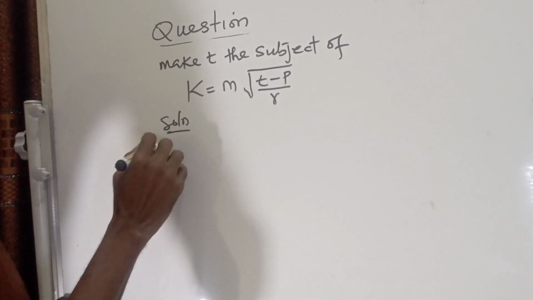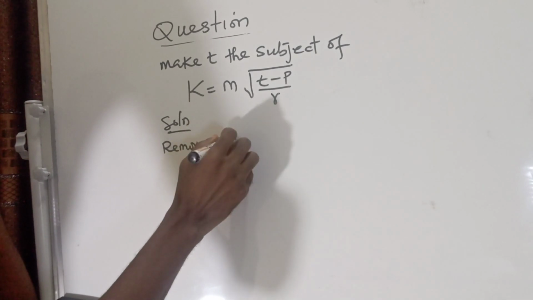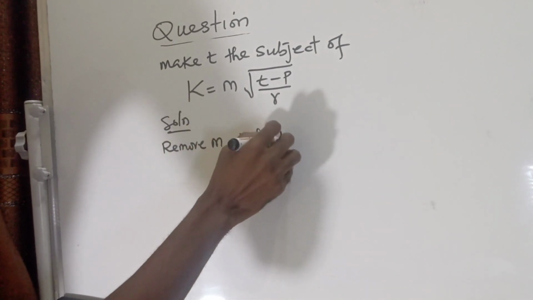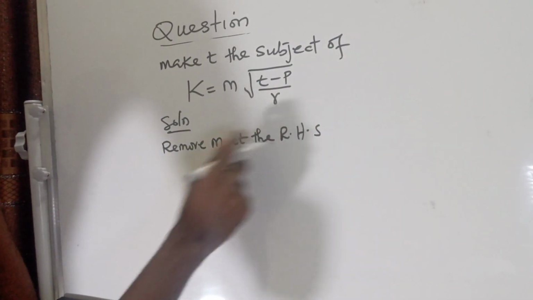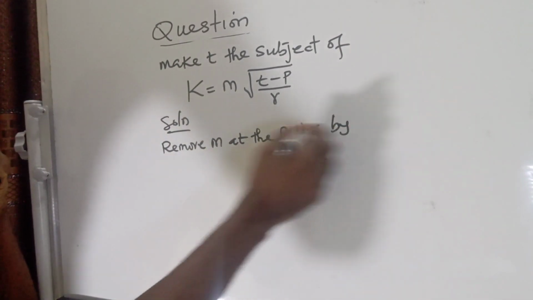Now the first thing we want to do is remove M at the right hand side. By doing what?